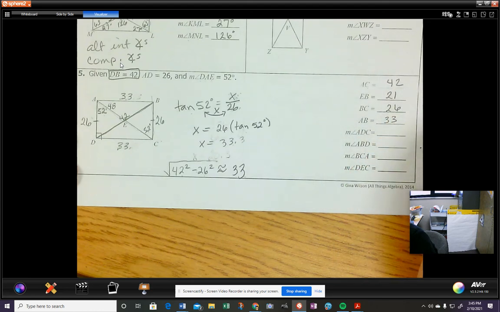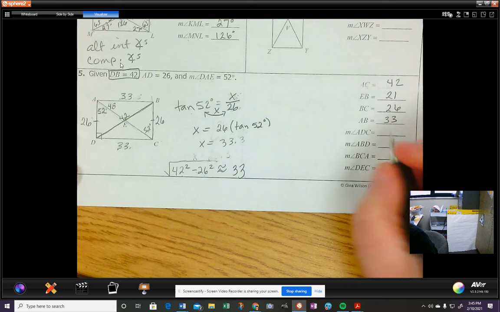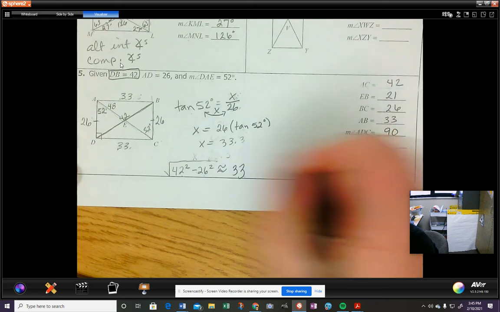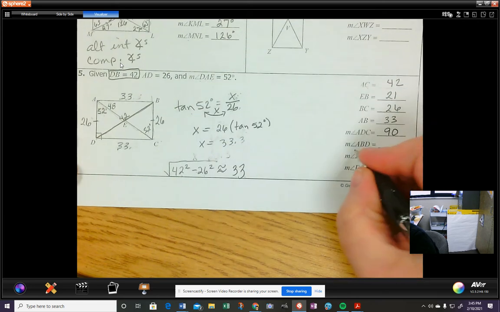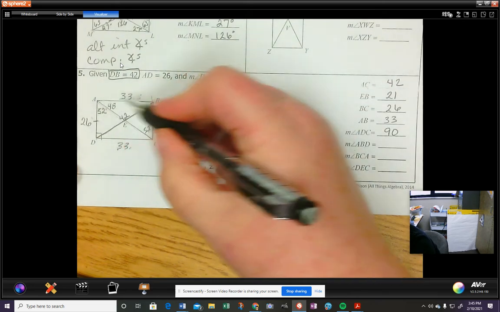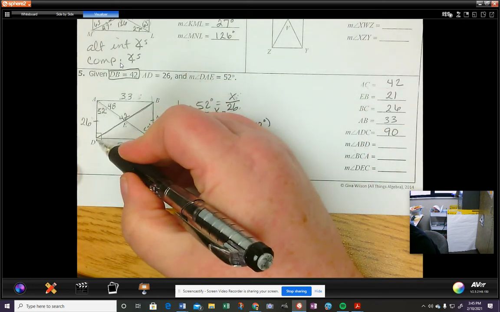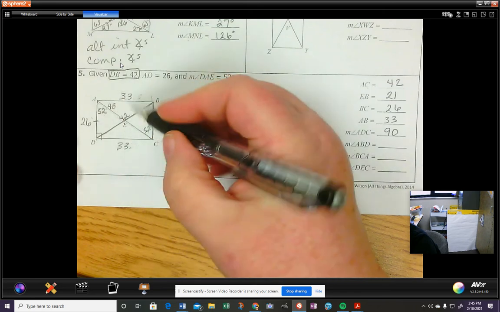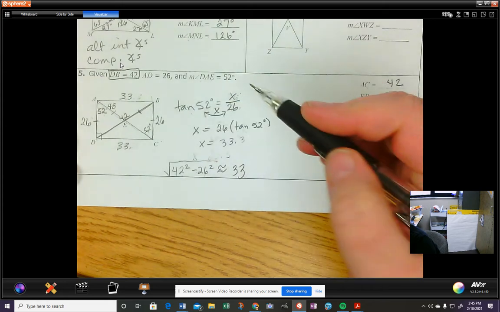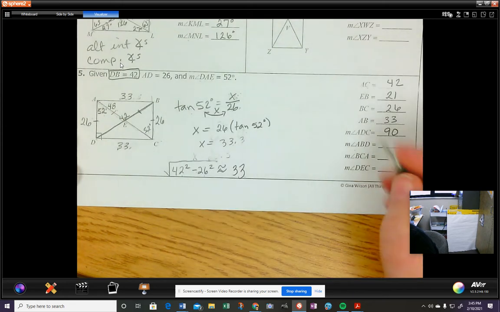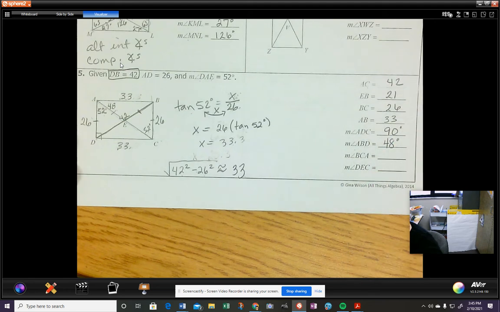Angle ADC is 90. ABD. We didn't write that one, but it is the same. See, here's our congruent sides. It is the same as 48 degrees. Don't forget your degree sign.